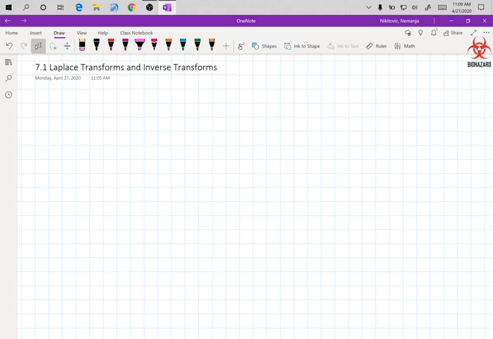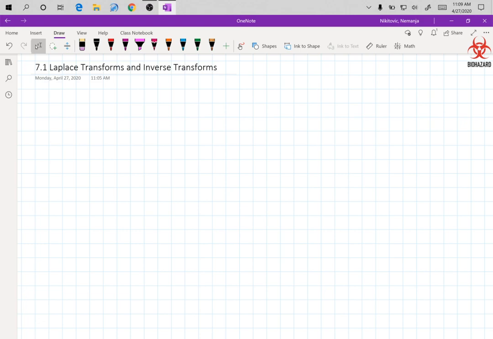So this is going to be a transformation from what we call t, the time domain, into s, which is called the frequency domain. Once we do the transformation, the function will appear different because it will have a different variable and it will look different.